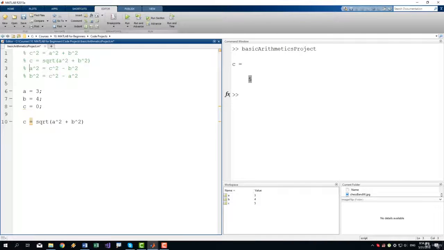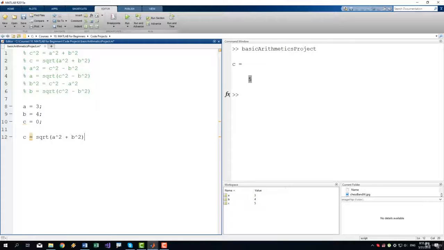Now if we square root both sides of these equations just like we did here, we will end up with the following equations: a equals sqrt of c squared minus b squared, and b will be sqrt of c squared minus a squared. As you can see here, I'm using comments to write my equations to help myself while I'm writing the code.